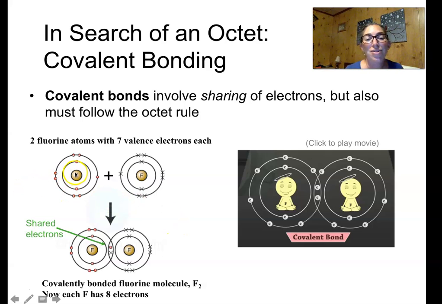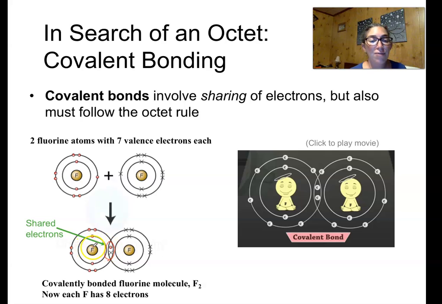So here's an example with 2 fluorine atoms, each of which have 7 valence electrons. All right, so they each need 1 more. And by coming together and each contributing 1 electron, they're sharing those 2 electrons, and if they're sharing them, we count it around both of the atoms.